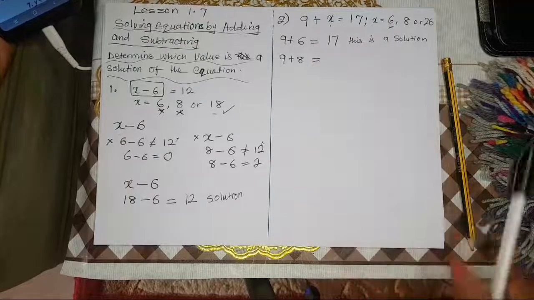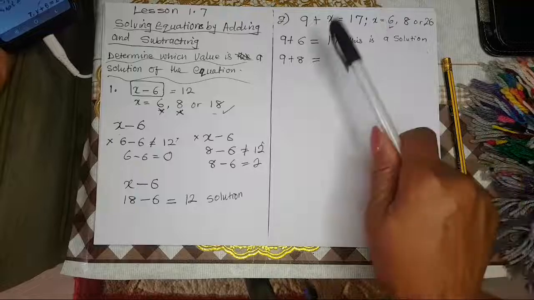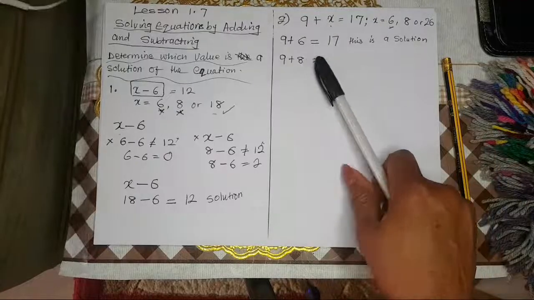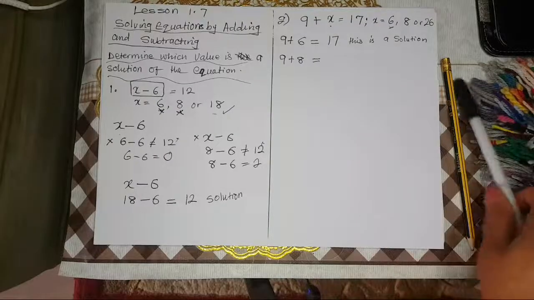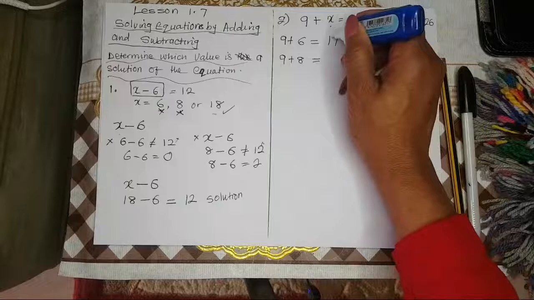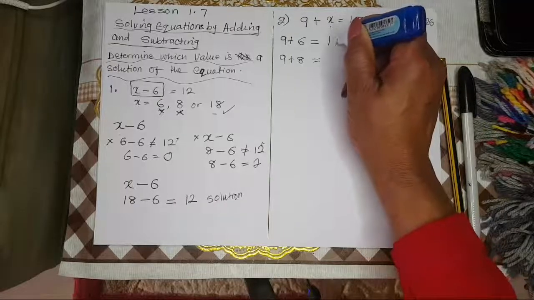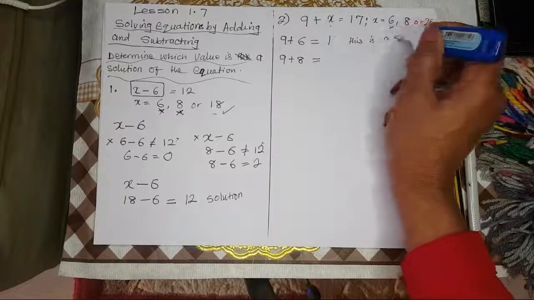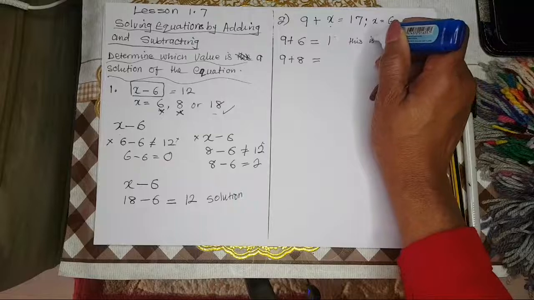Uh-oh. What did I do? This is wrong. 9 plus 6 is not 17. 9 plus 6 is 15. I'm so sorry. 9 plus 6 is 15. This is not a solution.